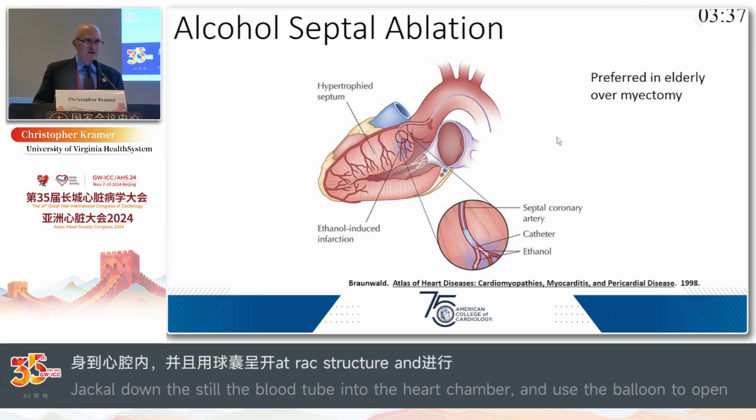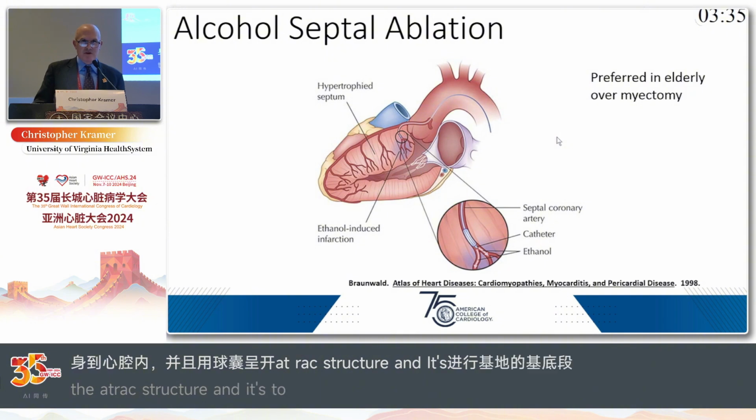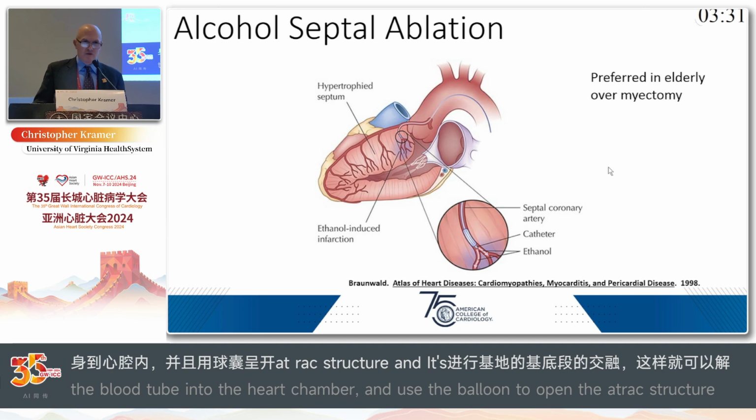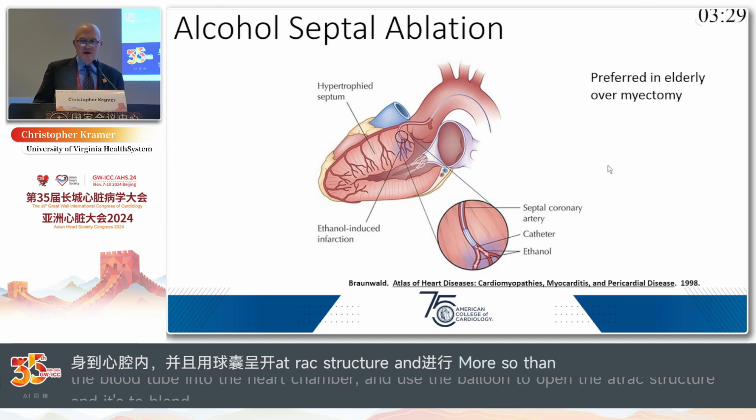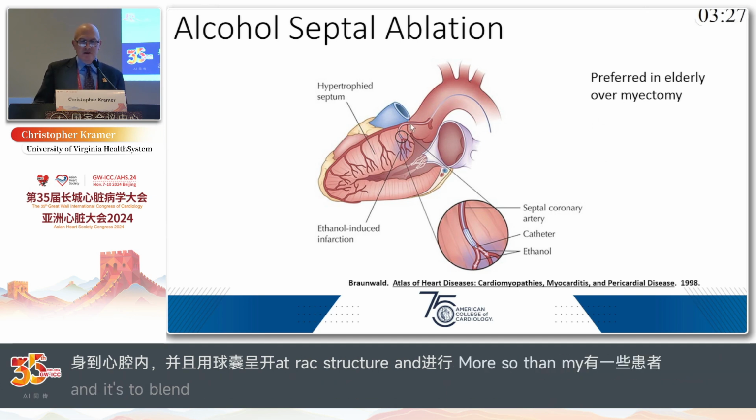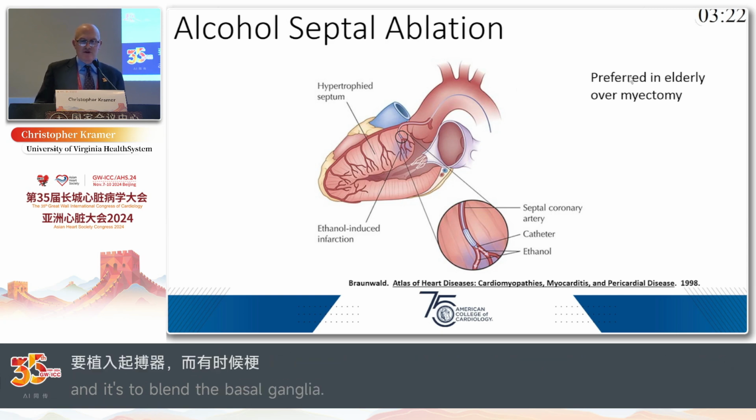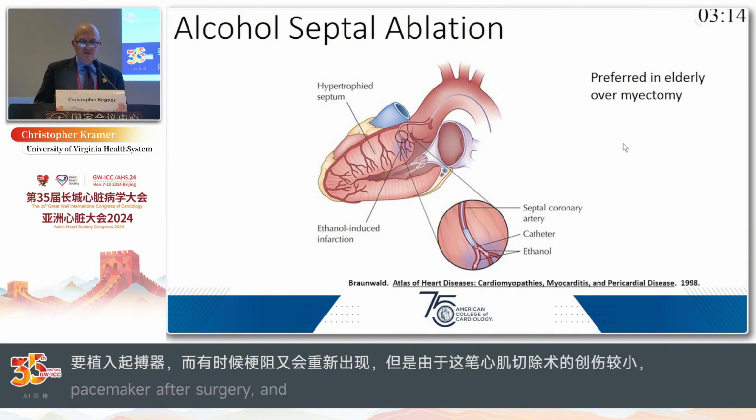There is an increased incidence of requiring a pacemaker. There's some slight chance of recurrence of the gradient, more so than myectomy, which is more permanent. But because it's less invasive than myectomy, it's preferred for aggressive therapy beyond medication in the elderly.